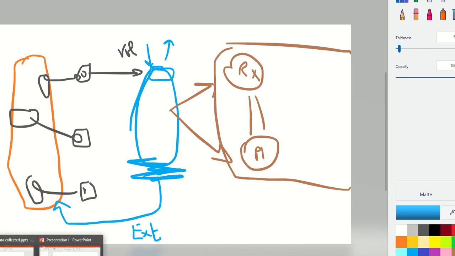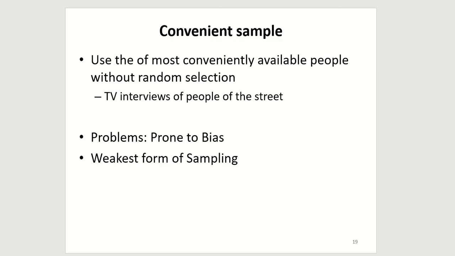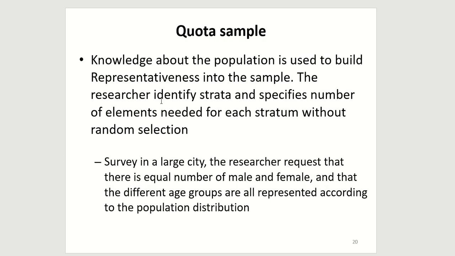And that takes us to the next point to be discussed, the quota sample. A quota sample is a convenient sample. However, you put some restrictions, what we call quotas, to make your convenient sample resemble your population. We know the population is 50 men, 50 women. You say, okay, in your convenient sample, get me 50 men, 50 women.